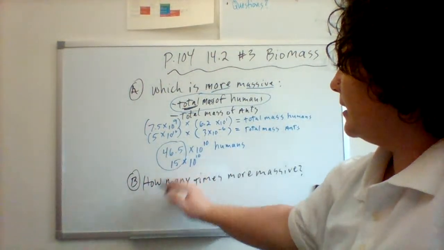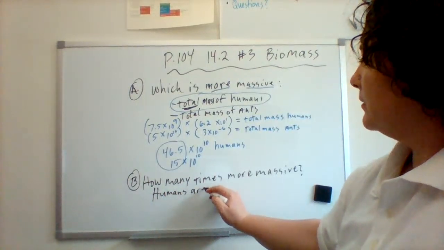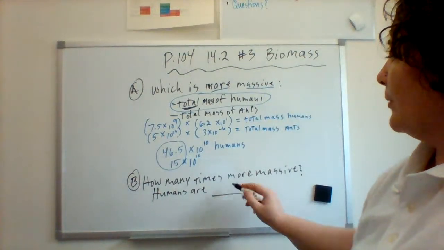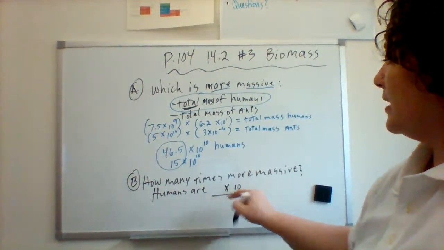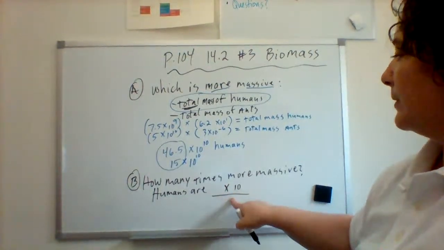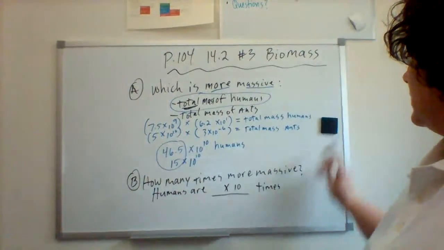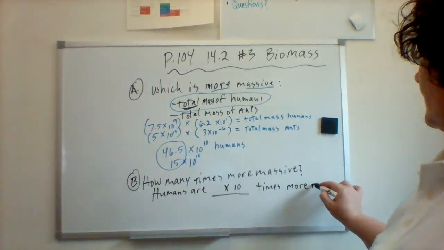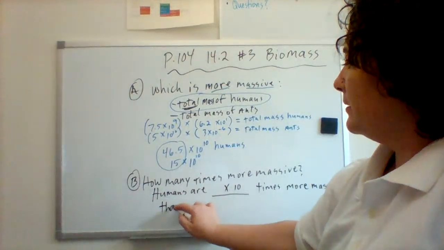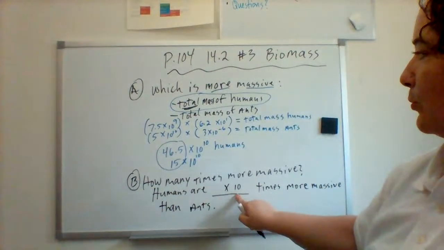We're going to say humans are, and when we have our answer, we're going to put it right there. And we know that it's going to be in scientific notation, so we're going to put a number here. We're going to put an exponent here. Humans are blah, blah, blah, times more massive than ants. Okay, now let's do the work.